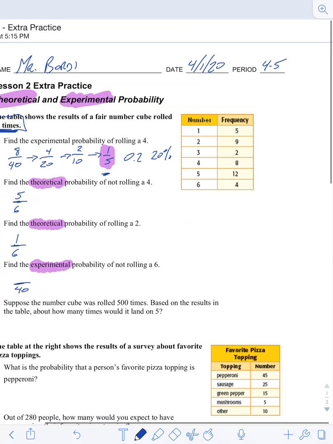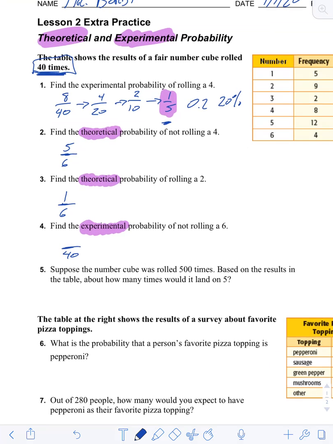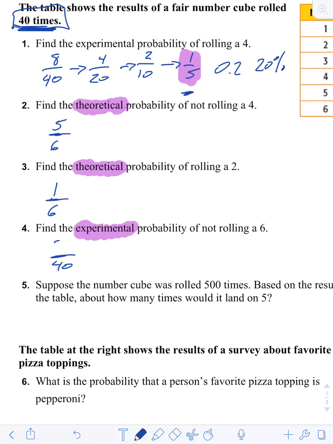So how many times did I not? This is where I would subtract 40 minus 4 to get 36. So 36 out of 40 times, I did not roll a 6. That can definitely simplify. They're both an even number, so I can cut it in half. That cuts it down to 18/20.